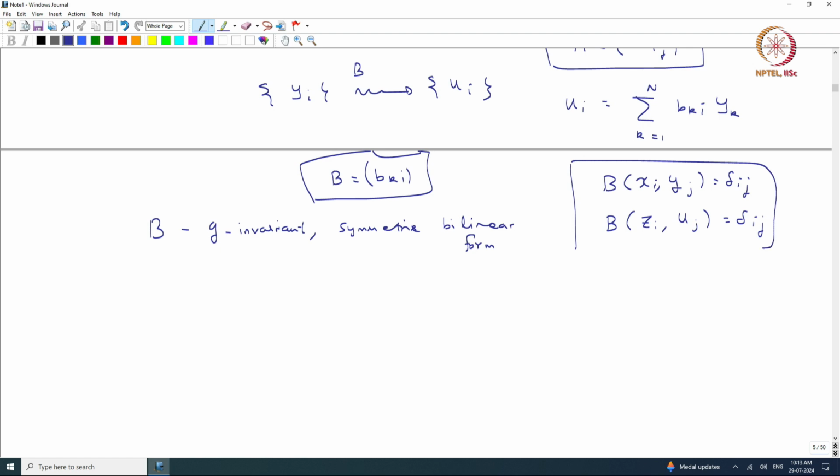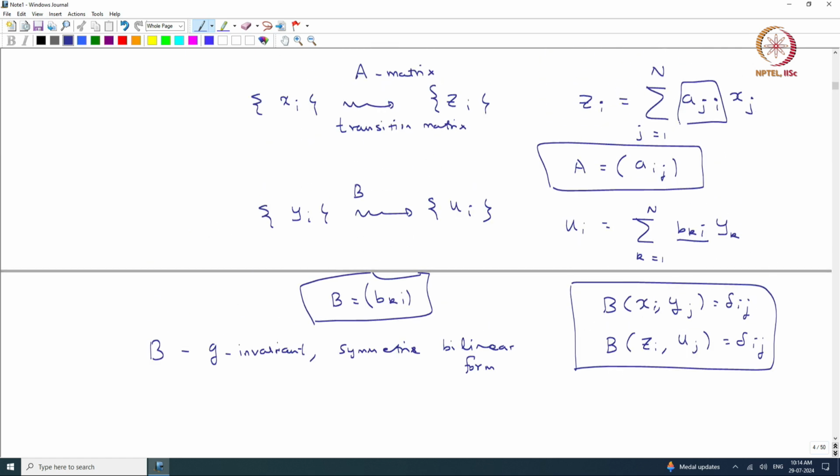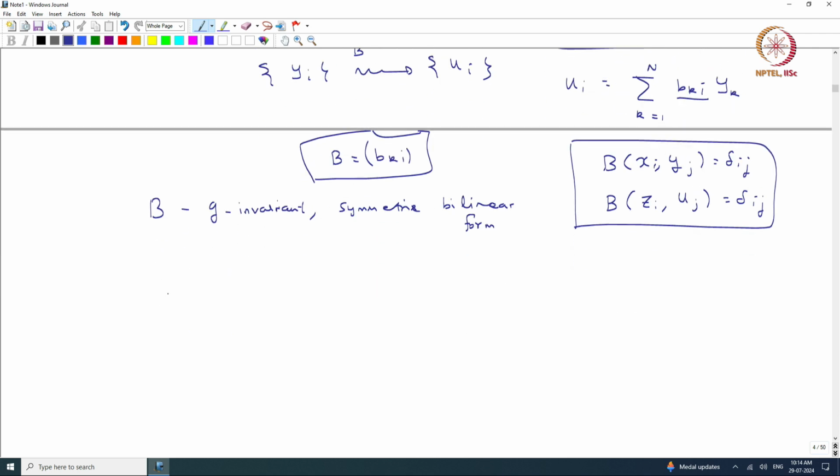These relations we know. Let us start the computation. We want to understand the relationship between b_ki and a_ji. Let us look at B of u_i, z_j. Because B is a symmetric bilinear form, this is the same as B of z_j, u_i, which is given by the Kronecker delta_ij.